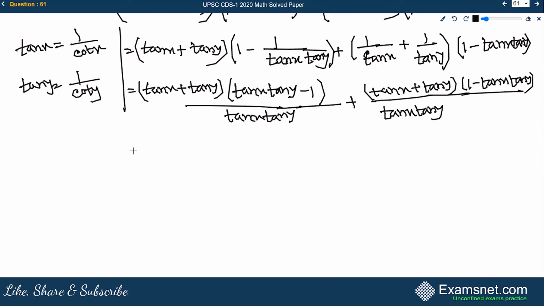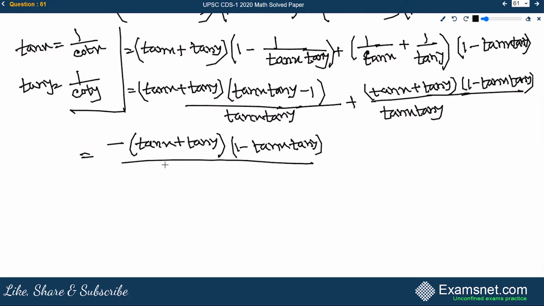Next, if we take common here, we will get minus common. So it would become tan x plus tan y, 1 minus tan x tan y by tan x tan y.